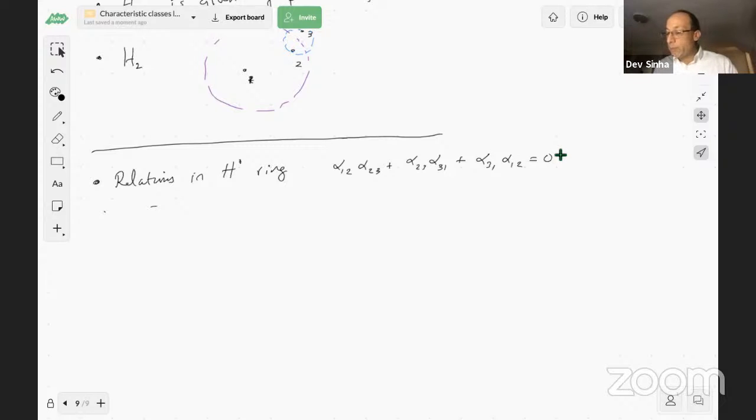First, there's a little symmetry argument that one can make that there must be some relation of this form. Oh, by the way, because it's pulled back from the cohomology of S1, any alpha ij squared is 0. Secondly, we can use the pairing between H2 and H upper 2.